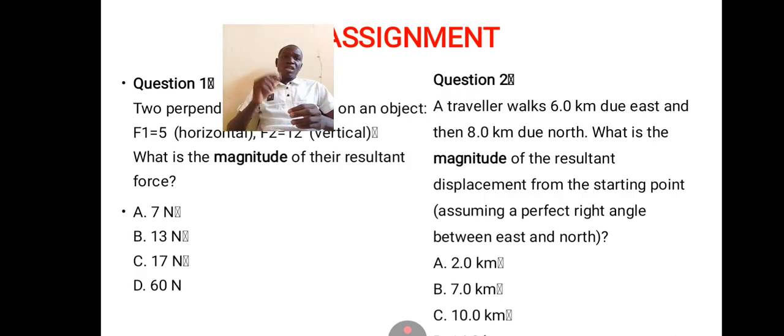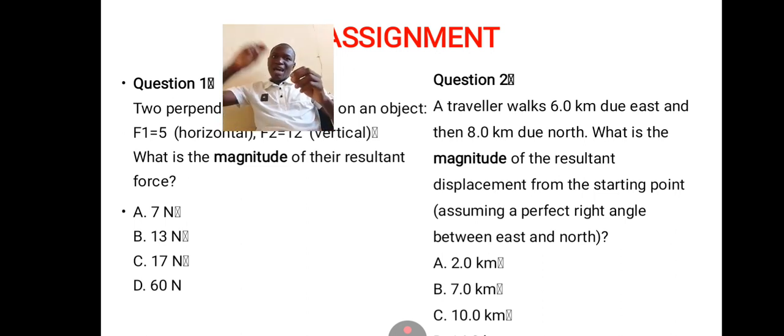One, F1, 10 Newton to the south, and F2, 15 Newton to the north. How do you tackle that? Now, you have to know that south and north are opposite. So you just subtract. I hope you are getting this trick now.